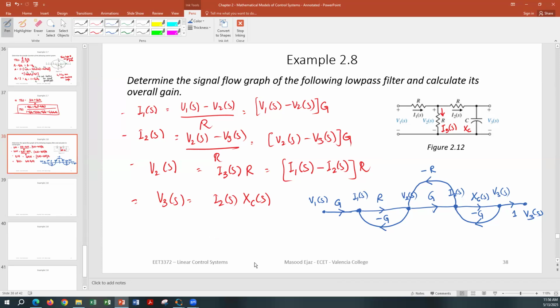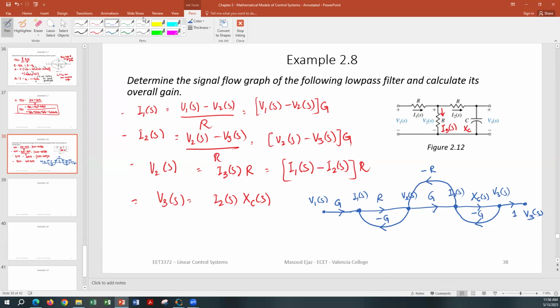So how many forward paths do we have? We have only one forward path from V1 to V3. We have 3 feedback loops, and we have 2 loops that are not touching, which is this loop and this loop. They're non-touching loops. Of course, this loop is touching both this and this.